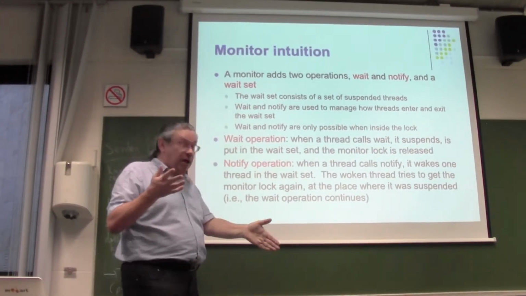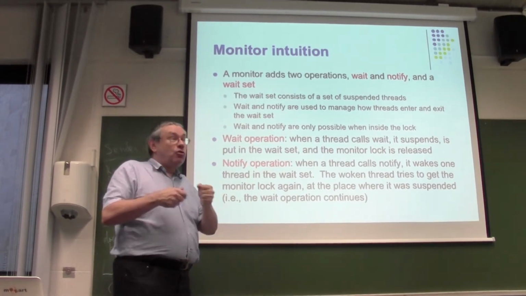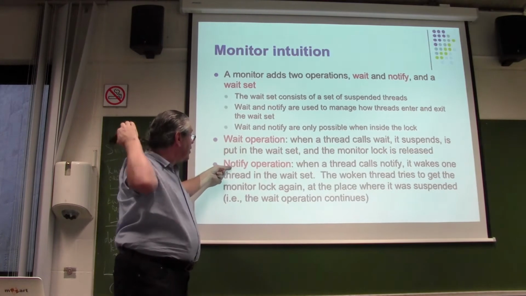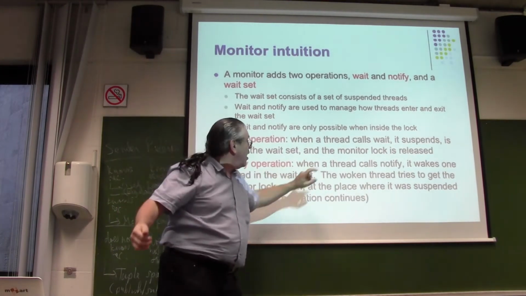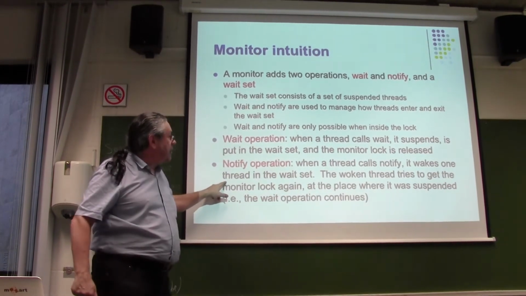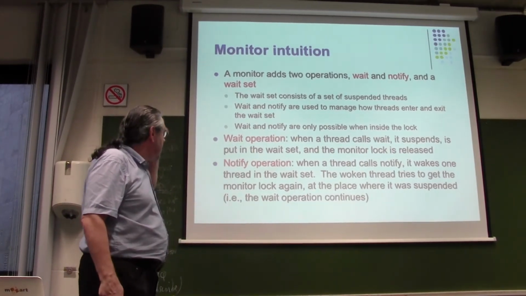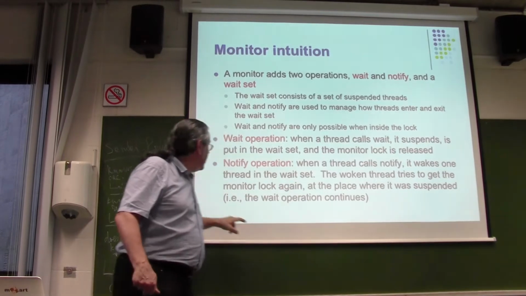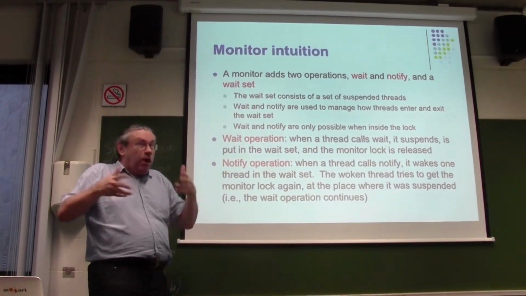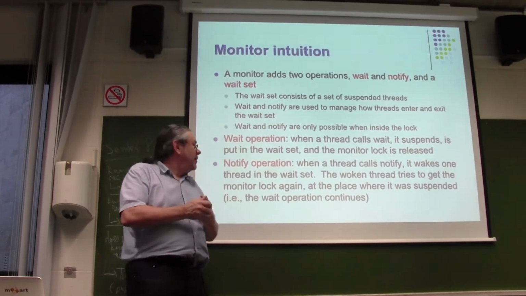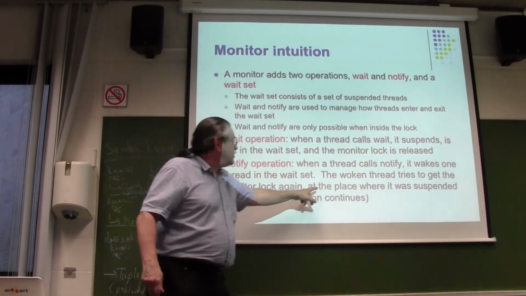So the thread is in the wait set, and it's waiting, and it could wait forever. And a notify operation, a thread can call notify, it will wake up the thread in the wait set. It will resume it, let it start executing again. This woken up thread will do what all threads try. It will try to get the lock again, at the place where it was suspended.